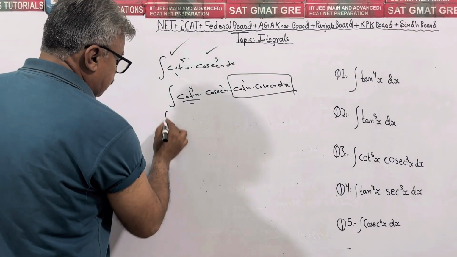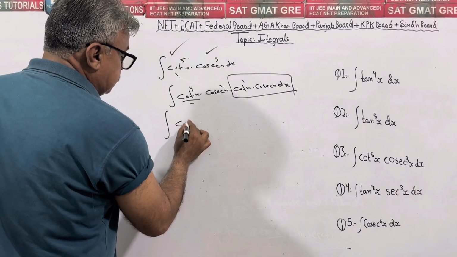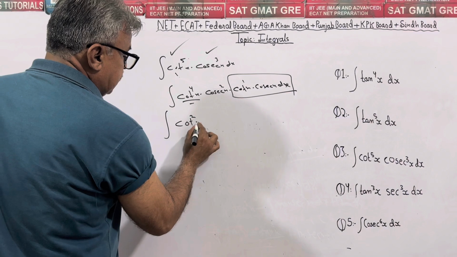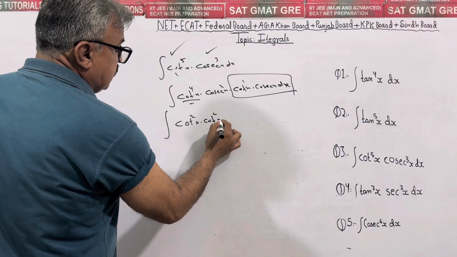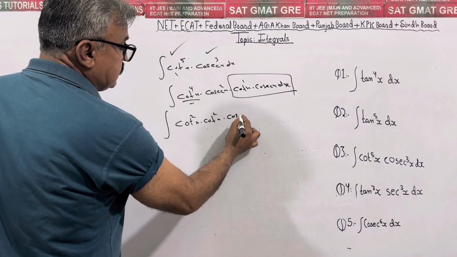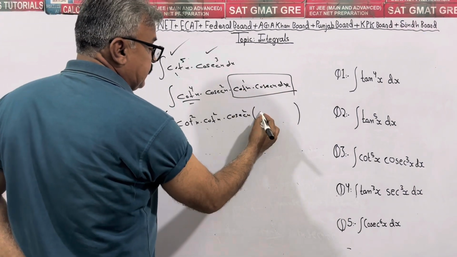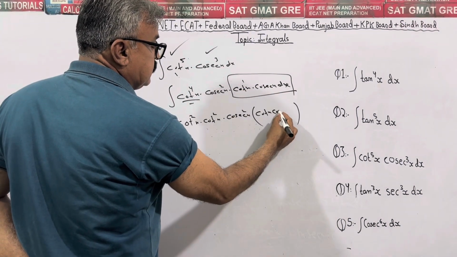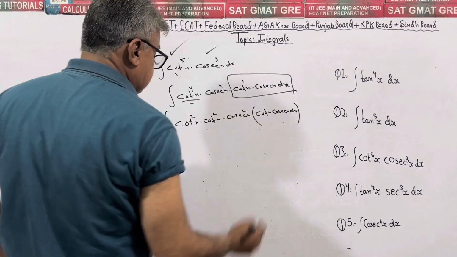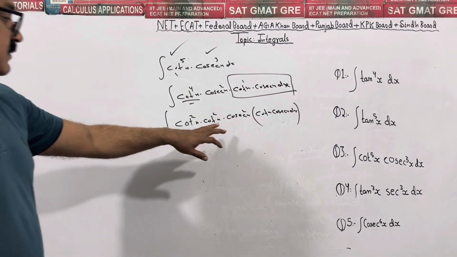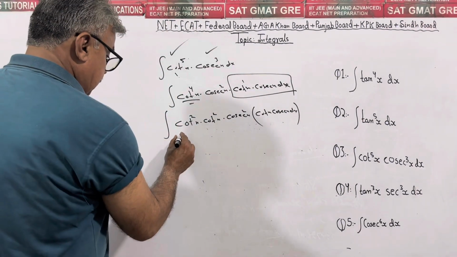Cot^4 can be written as cot square x times cot square x. This is cosec square x minus 1, the same. Don't break this symmetry. Keep this intact: cot x cosec x dx. Instead of this, cot square is cosec square minus 1, this is also cosec square minus 1, and we are going to get through.